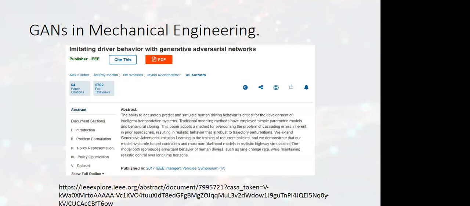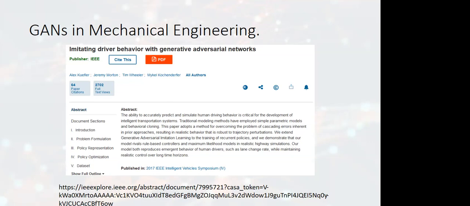I am always unfairly biased towards fluids applications since that's my own field of research, but I try to include other fields as much as I can. So this is another interesting paper from Stanford Aerospace. If any of you is working on self-driving cars or intelligent transport systems, this would be really relevant to you.